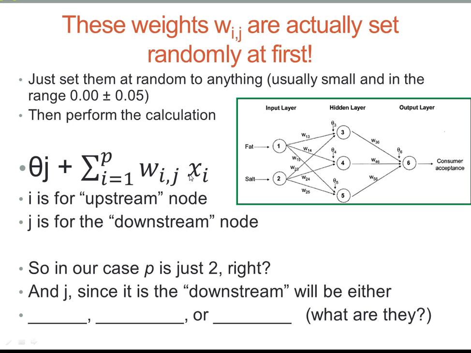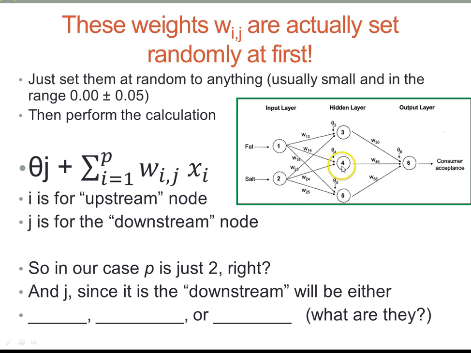Do you understand? And how about if we want to know what we're going to feed into node 4? I think this 3 will change to 4, because this was 1 to 3 and 2 to 3.